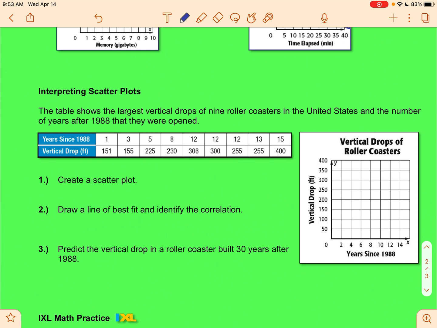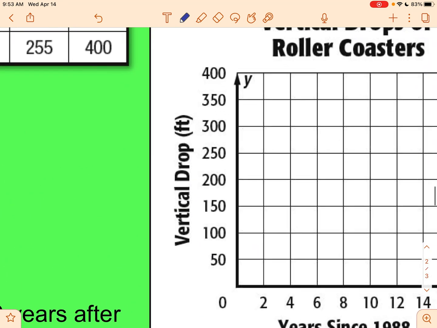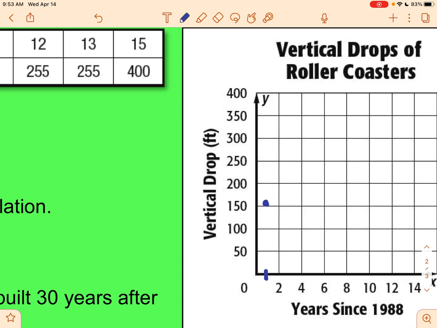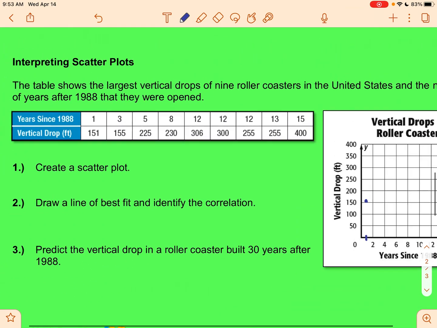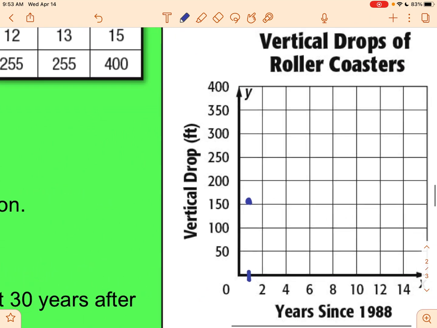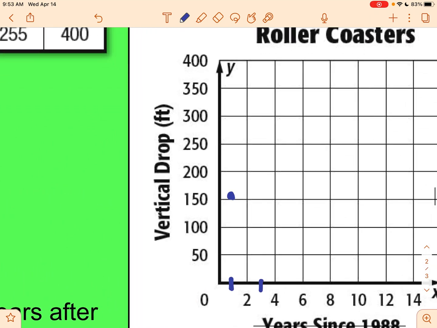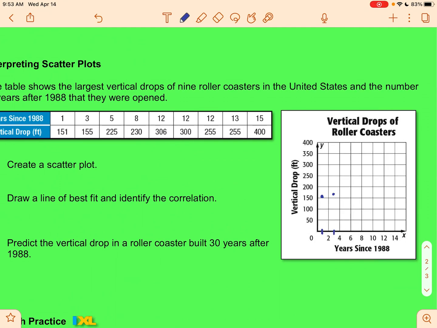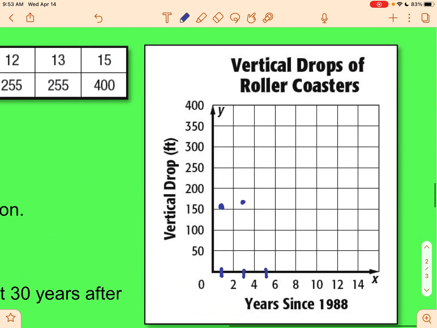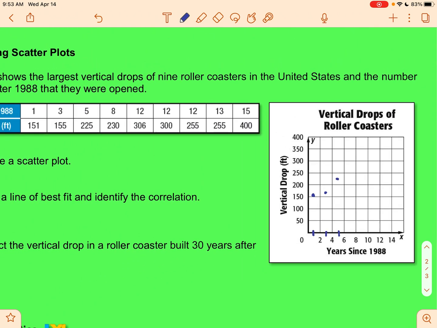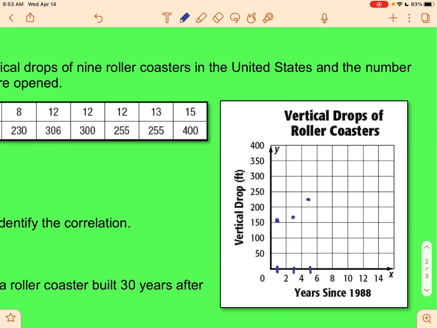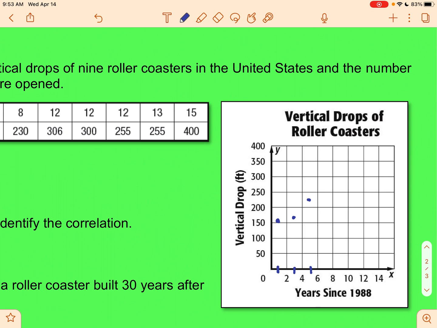So 1 is 151, so we're going to go over 1, which is somewhere in here, and it's 151, so that's super close to the line. And then 3 was 155, so 3 is right in here. 155 is just a little bit higher. 5 is 225, so 225 is going to be like right in the middle. 8 is 230.